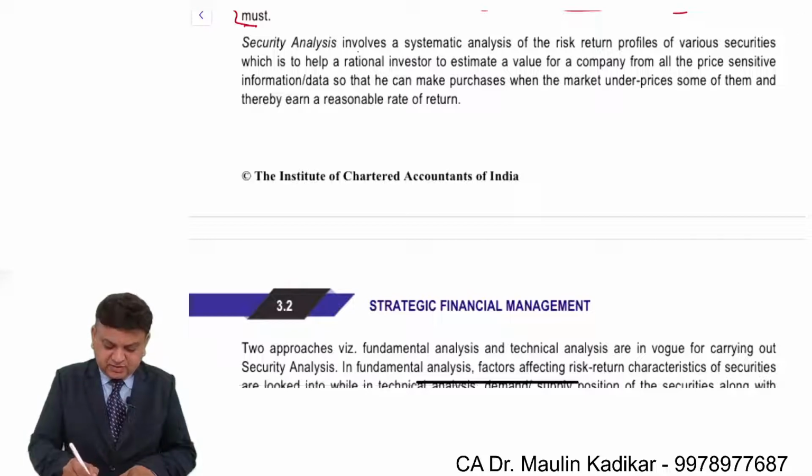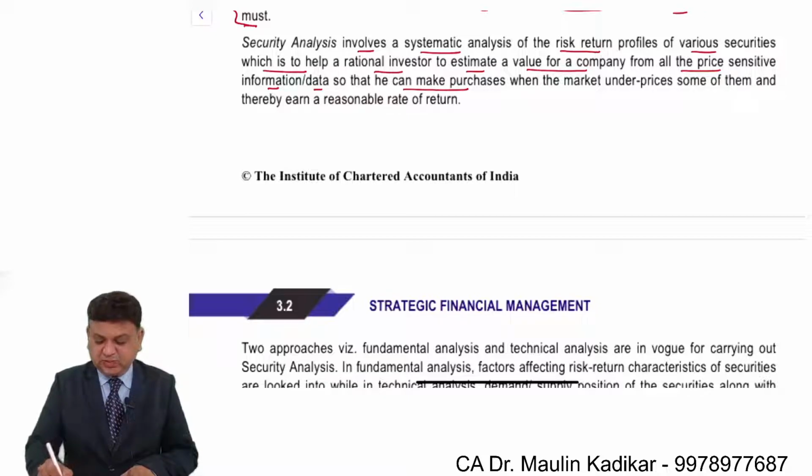Security analysis involves systematic analysis of the risk-return profile of various securities, to help a rational investor estimate the value of a security from all the price sensitive information or data, so that he can make a purchase when the market underprices some of them and thereby earn a reasonable rate of return.